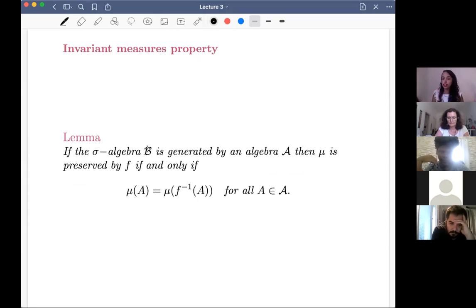One easier way of doing this is to not check for all the measurable sets that the measure of the set is equal to the measure of the pre-image, but to focus your attention on a smaller algebra. For instance, instead of checking for all the Borel measurable sets in the interval 0, 1, you can only look at unions of intervals, because it's an algebra that generates the Borel sigma algebra. So you don't need to check all the measurable sets, you check a smaller subset of them.